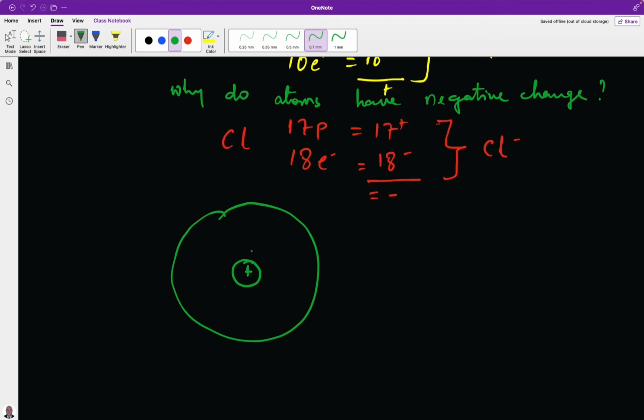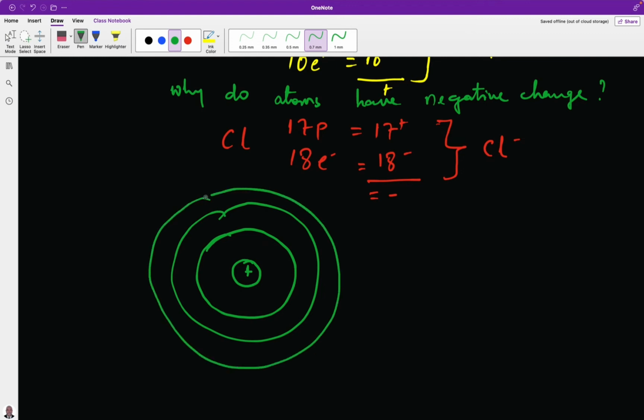Outside the nucleus, we have orbitals, and these orbitals are arranged in shells.